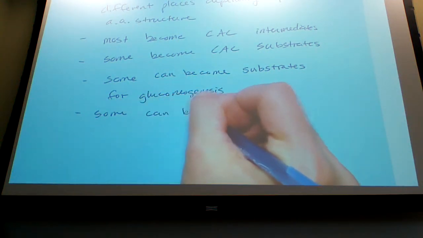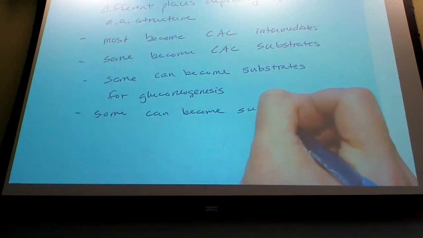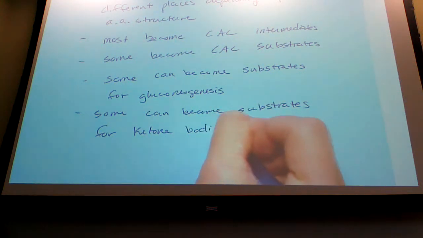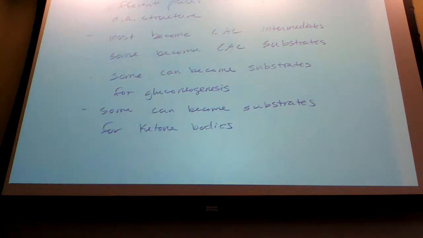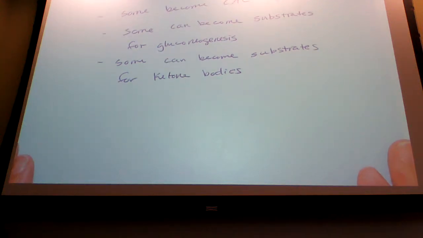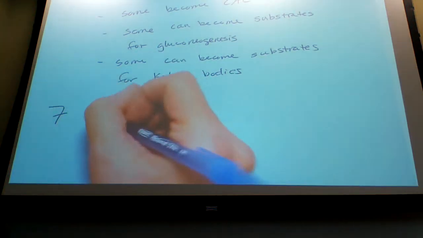Some can become substrates for ketone bodies. And there are 7 possible fates.